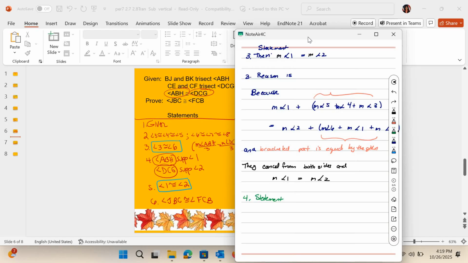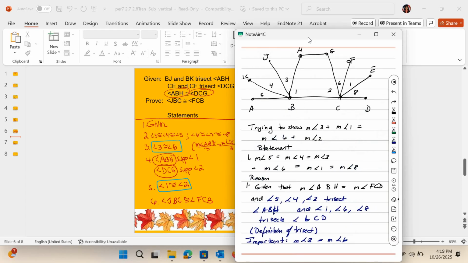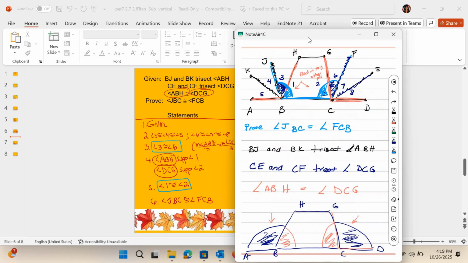Let me go to another page because it's just too much without the picture. Actually, let me go back to the very first picture. Remember that I was trying to show this part here.